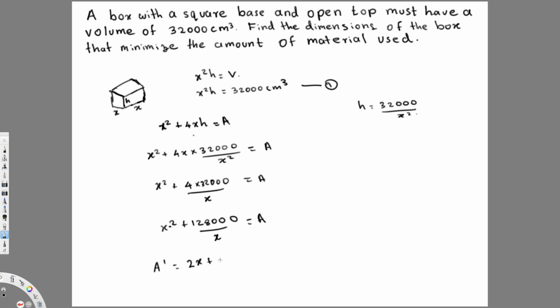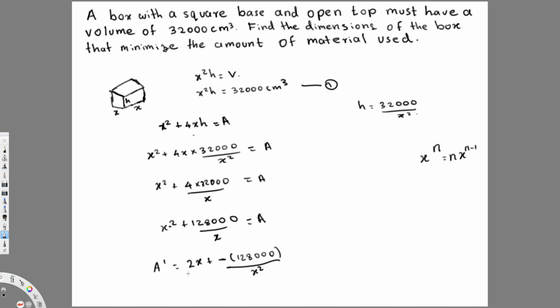So this will become minus 128,000 over x square, because if I take the x value on the top, it's x to the power of minus 1, and if I find the derivative, this minus 1 multiplies this 128,000, and that will become minus 128,000. This is the formula I'm using: if you have x to the power n, the derivative is n x to the power n minus 1. The same approach is what I am using here. So it's going to be 2x minus 128,000 over x square, and that's going to be the derivative.